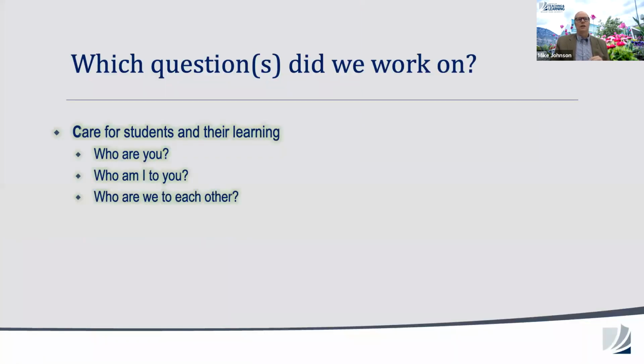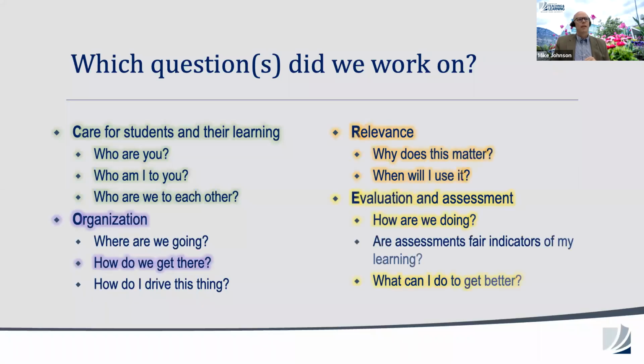Okay, so Richard Swan in the kickoff to this series talked about four areas that we want to consider when we're teaching, whether that's remotely, in person, or in blended models.